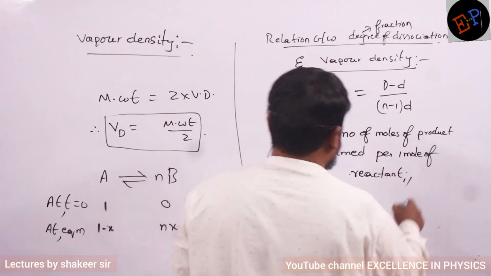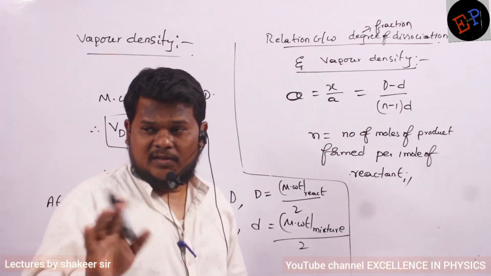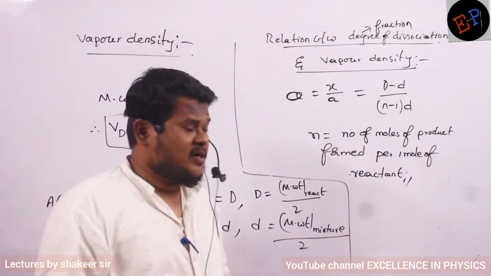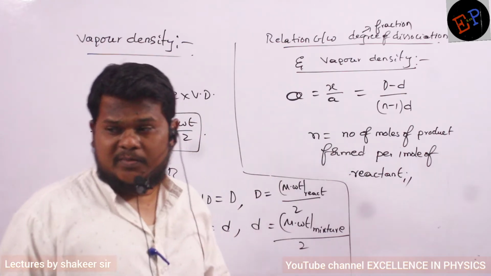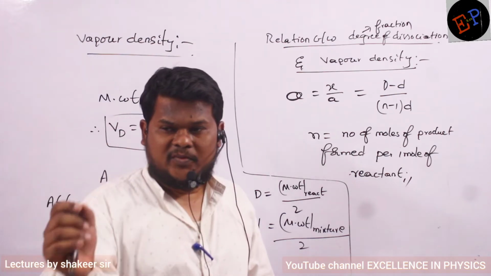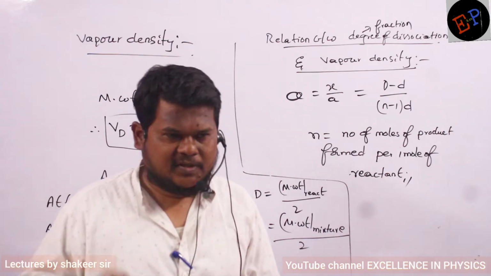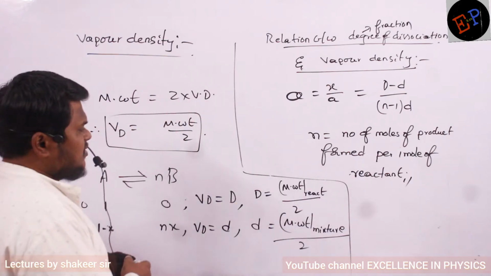N is not the total number of moles. For every 1 mole of reactant, how many moles of product are formed? That is called the N value. Remember that very carefully.